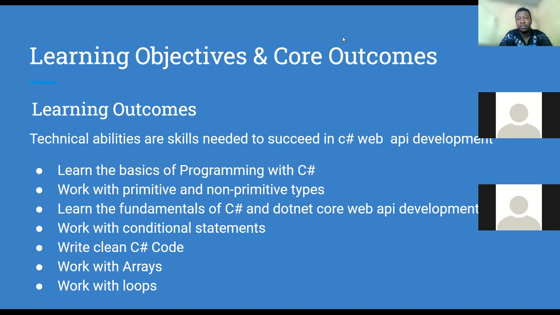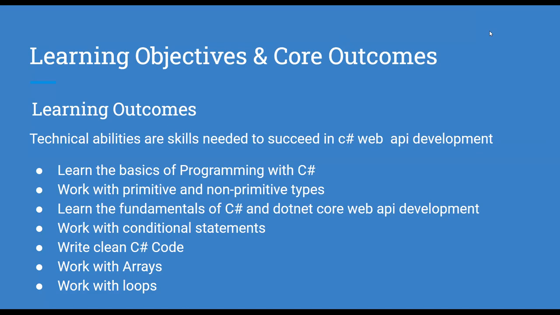Learning objectives and core outcomes for this program, right? So learning outcomes, technical abilities are skills needed to succeed in C# web API development. At the end of the day, you're going to have technical abilities which will be skills needed to succeed in C# web API development, right?